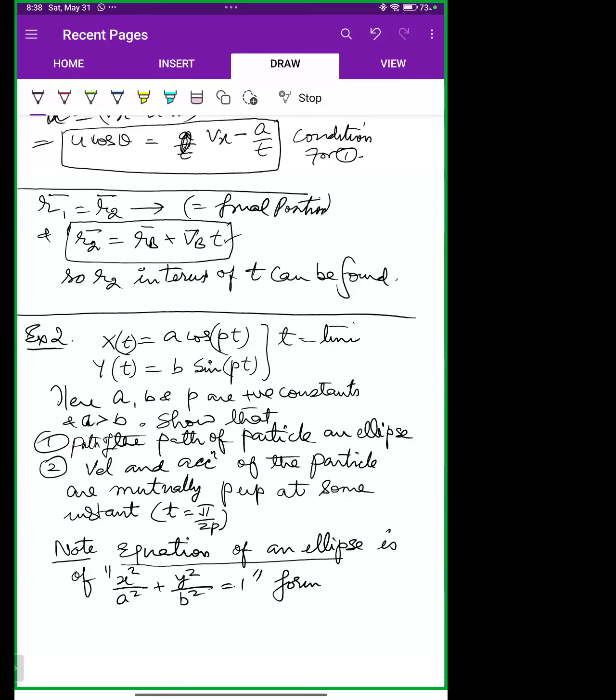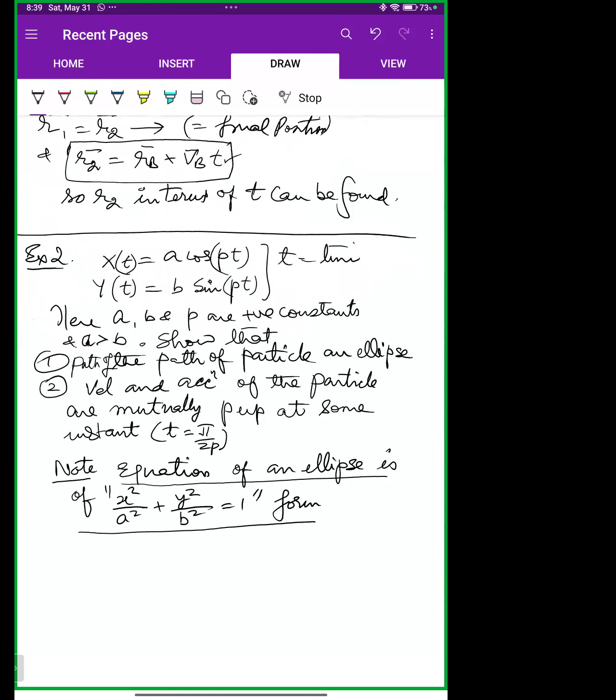Time is missing. You see, we have got x equal to a cos pt and y is equal to b sin pt. Whenever you find such a question given, you should immediately realize that it is an ellipse. We are deriving it.